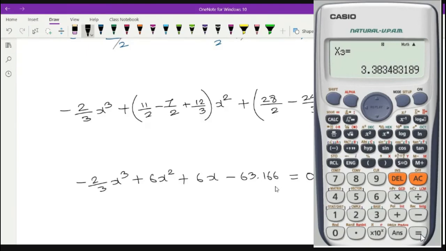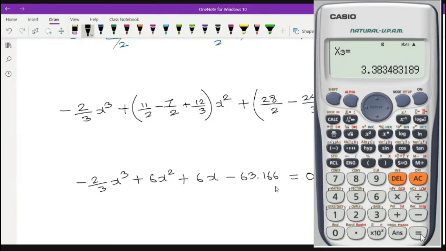Third one is x is 3.38. So this is a correct value. So this is in between 2 to 5. Where did we find the maximum deflection? We already identified, we had a suggestion that the maximum deflection will be from 2 to 5 meter length.